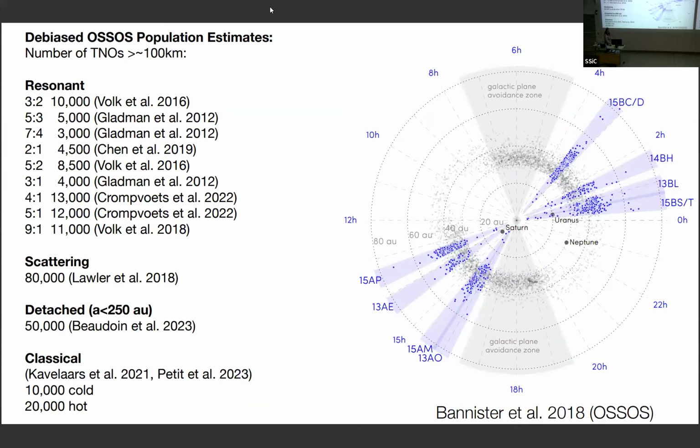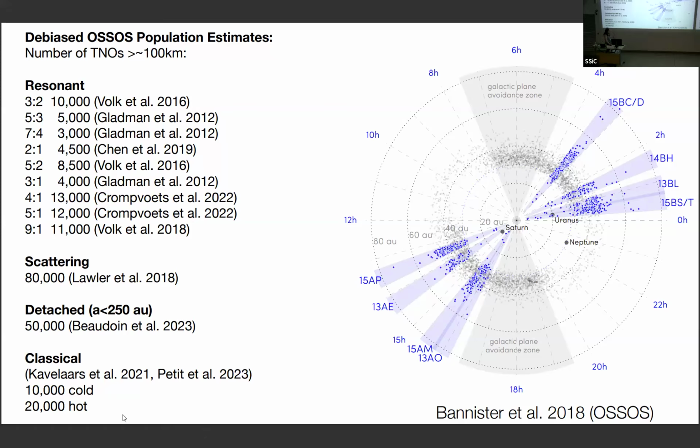This is just the slide I already had with the most recent population estimates from AUSIS. The takeaways here, down at the bottom, are that we have decent estimates for the classical belt, that 40 to 50 AU region. And there are about twice as many dynamically hot objects as there are dynamically cold objects.